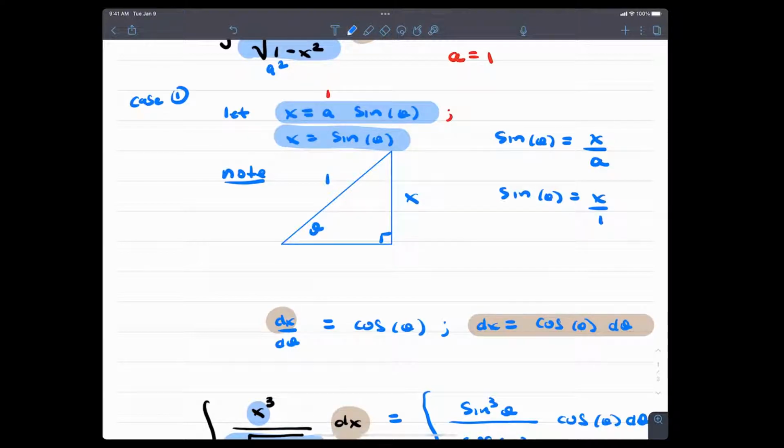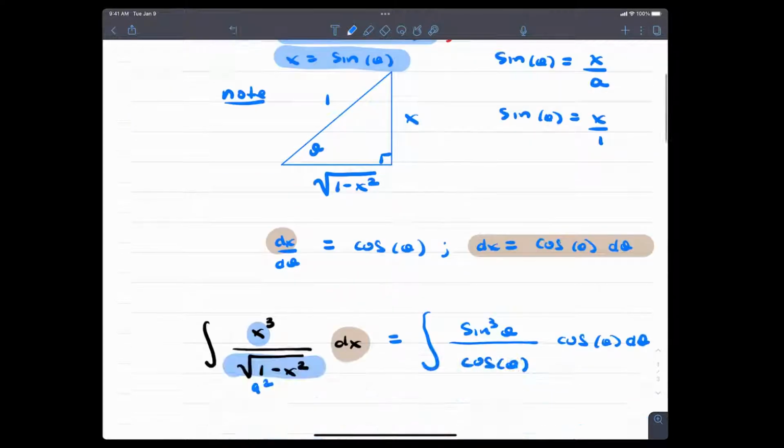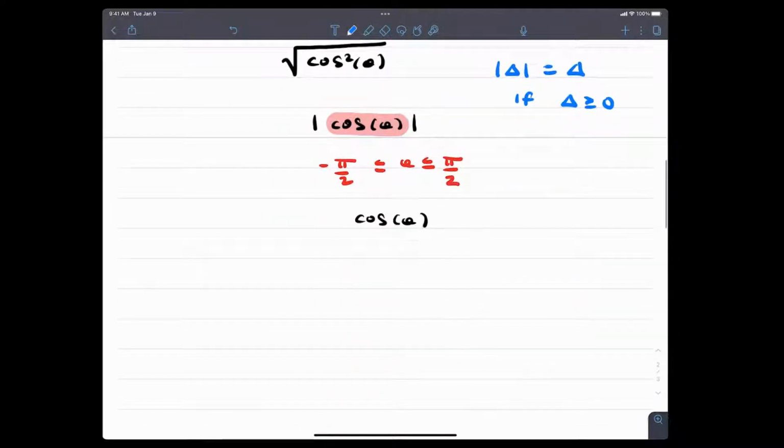Over hypotenuse, which requires this to be, believe it or not, square root of 1 minus x squared by the Pythagorean theorem. So just by using that substitution with this triangle, we get this nice right triangle relationship from trigonometry, right? Definition, even geometry, really. But they call this trigonometric substitution.